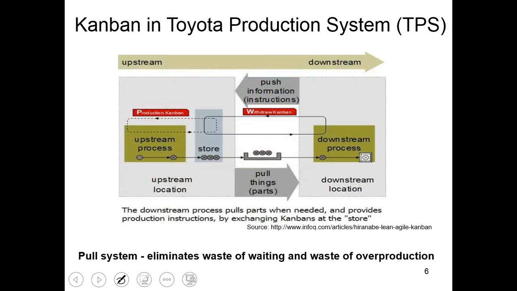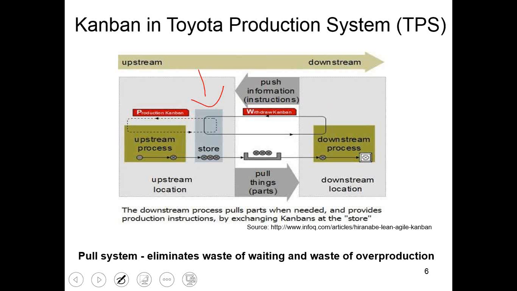I have another slide which looks at the same scenario in a slightly different way. Here there is an upstream process which produces the product, which gets stored in a store. Usually there will be a limit, and you try to maintain the minimum just-in-time inventory in your store. Once that limit is reached, the upstream process stops producing any more inventory.